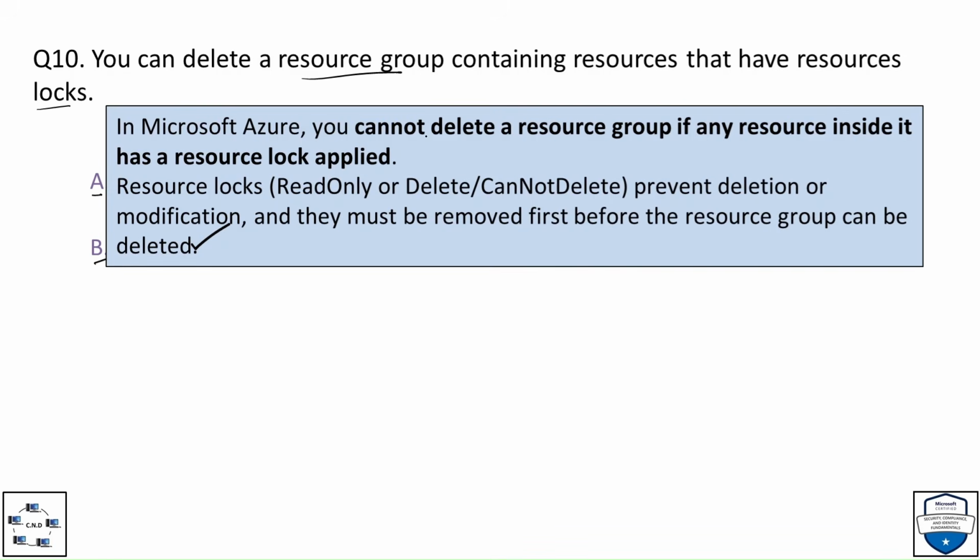So in Microsoft Azure, you cannot delete a resource group if any resource inside it has a resource lock applied. So resource locks, which are of two types as we already studied, number one is read only and the second is delete or cannot delete, prevent deletion or modification, and they must be removed first before the resource group can be deleted.